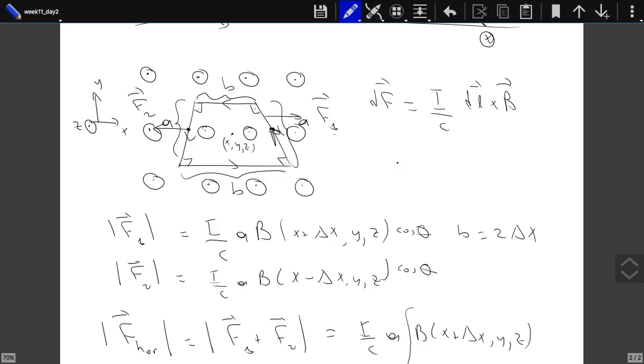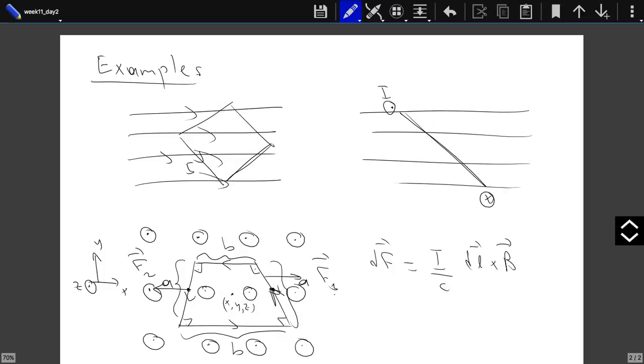If you just look at it from the side, you see this is my side. This is the direction of M. So this is the angle between dL and B. Let me just call it phi. Now, this angle over here is theta.